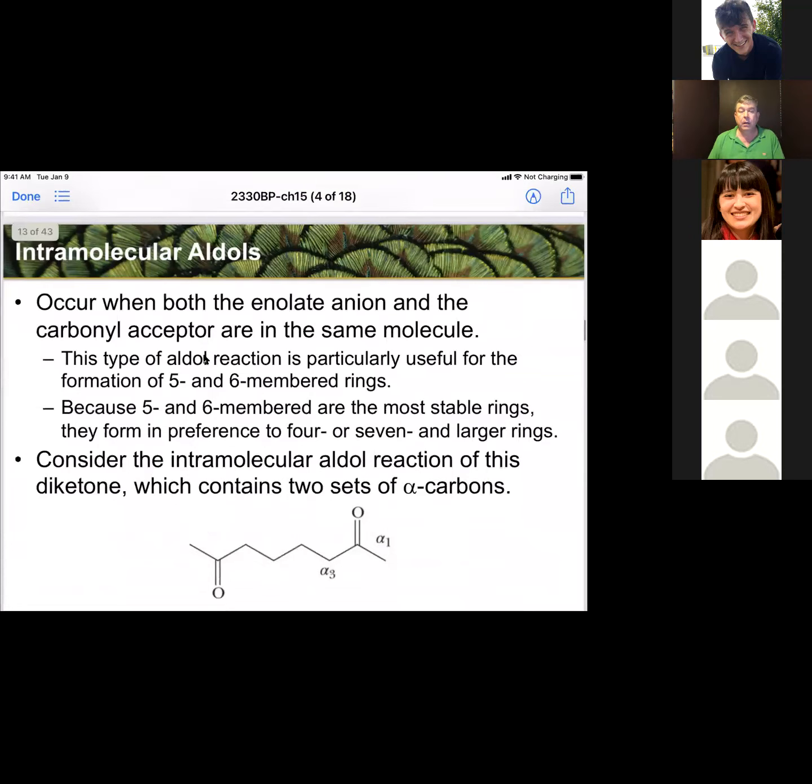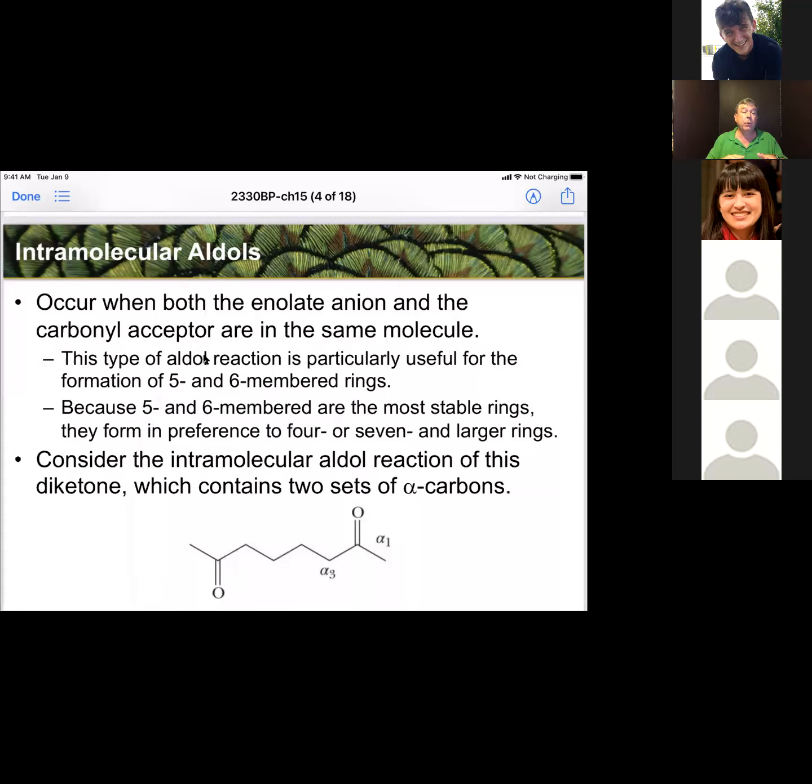Okay. Now, what if you have 2 carbonyl compounds hooked together in the same path? Well, you have an opportunity to have an enolate on one side come around and attack the carbonyl on the other side. Okay. However, you have to be careful about that because these types of reactions typically only form 5 and 6 membered rings because those are the most stable rings.